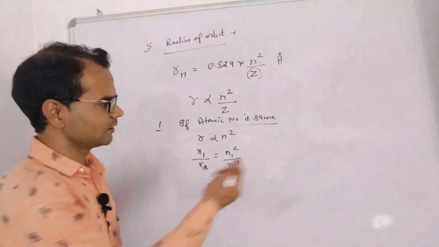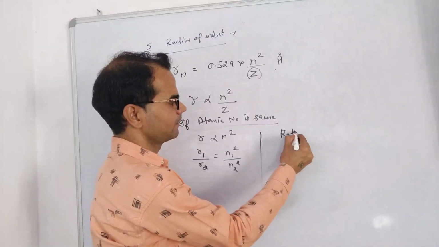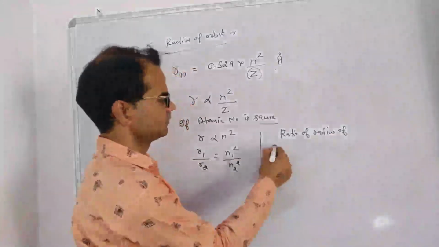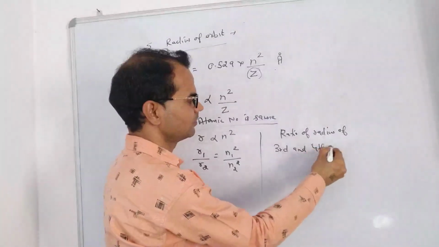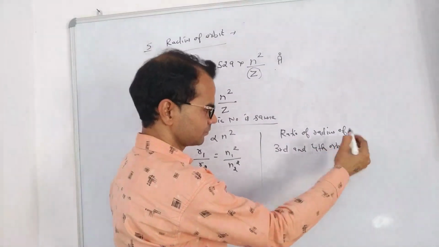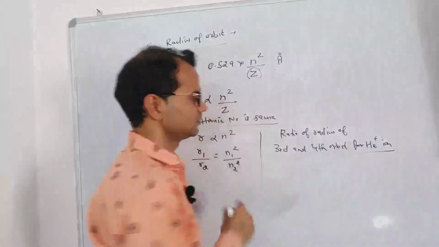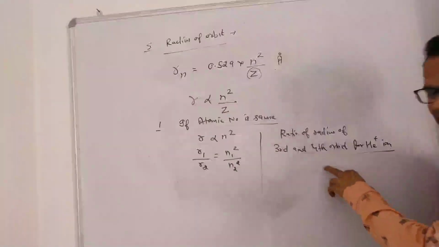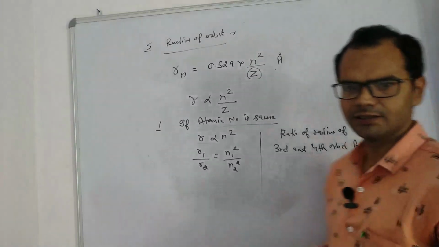Simple. Let's solve a question here. We have to find the ratio of the radius of the third and fourth orbit for a helium ion.